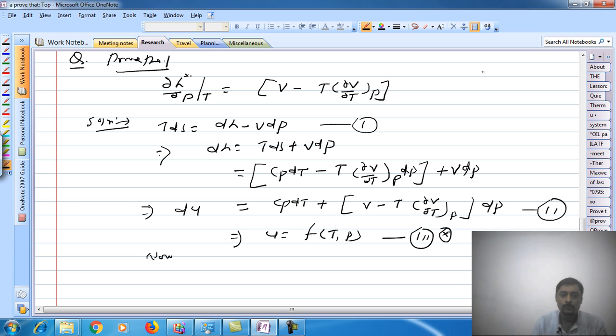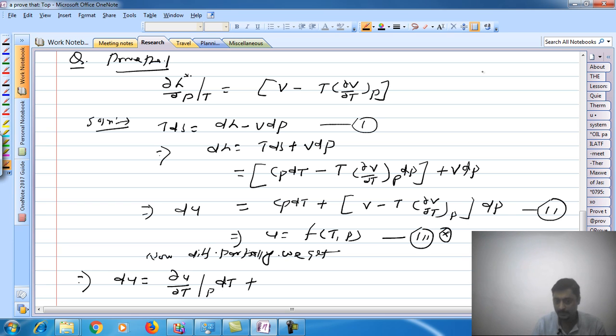Now differentiate partially. We get dH is equal to del H by del T at constant pressure into dT plus del H by del P at constant temperature into dP.